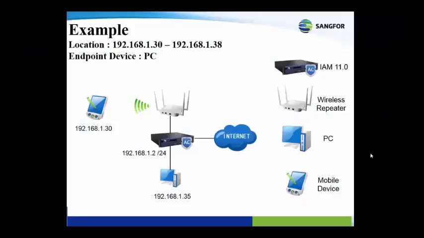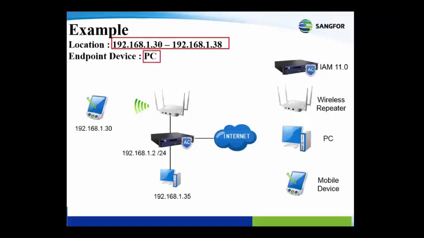This is the example topology to show how the policy work. As you can see, the location has been set to IP range 192.168.1.30 until 192.168.1.38, and endpoint device is set to PC.